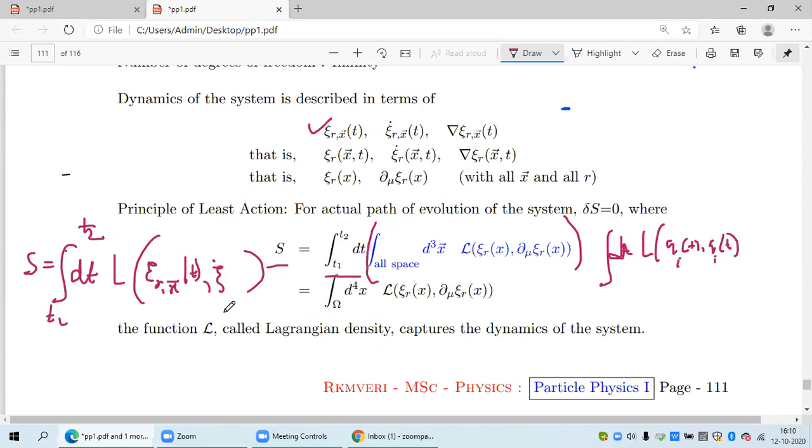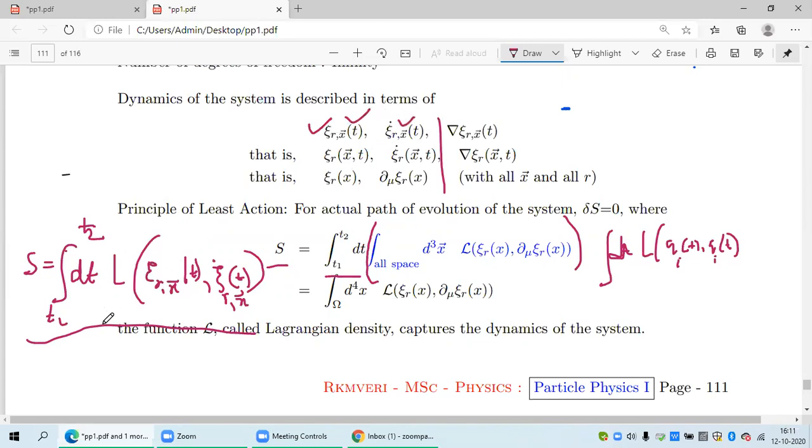If I write it this way, are you satisfied? Then it is exactly like classical mechanics, where this is the generalized coordinate, this is the velocity. Forget about this. Is it clear?